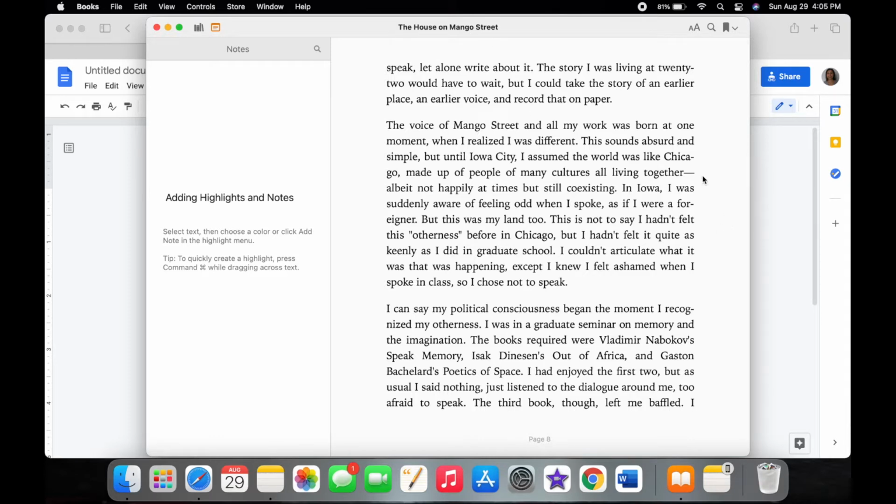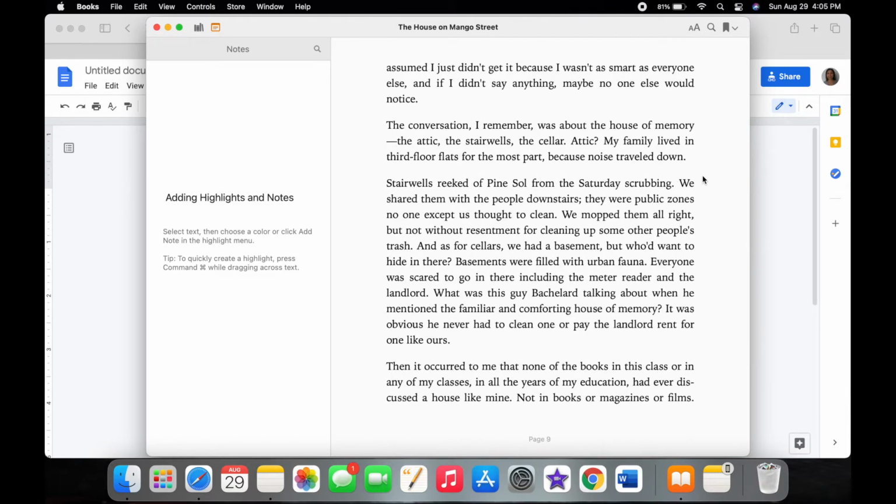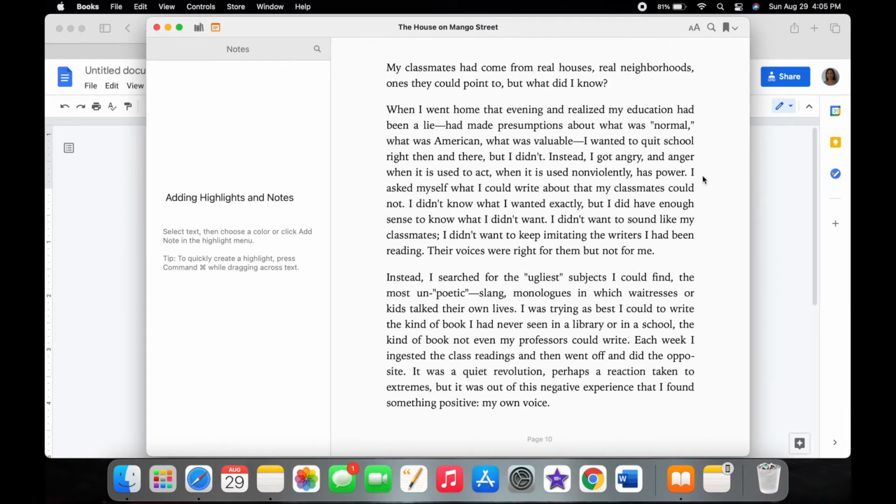So we can assume from that context that this is somebody who's talking about their upbringing, and especially if they become aware of political divides and their otherness, this definitely has a lot of tones that lean towards maybe poverty, or here we have "the ugliest subjects."